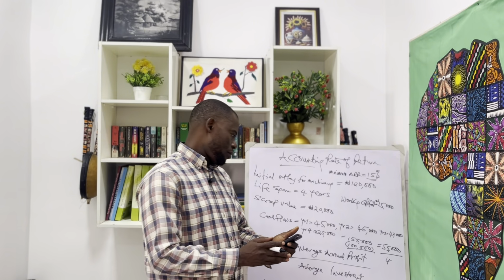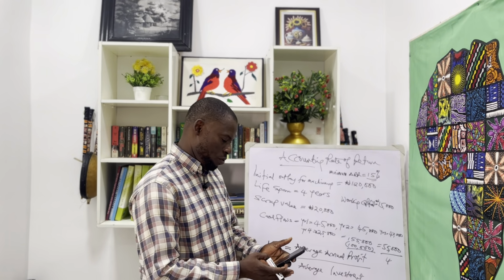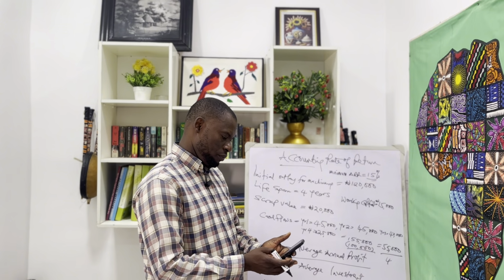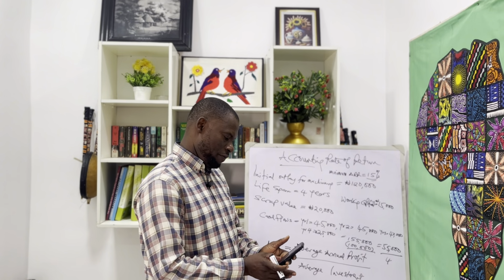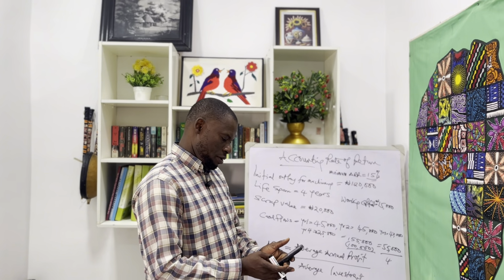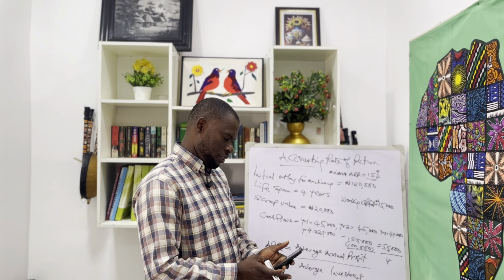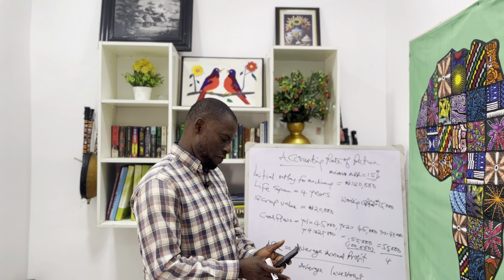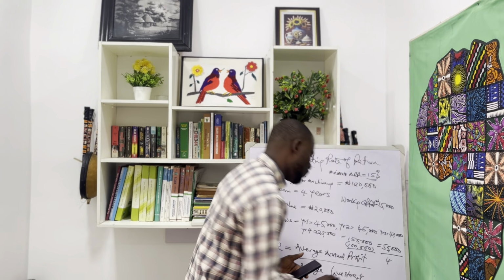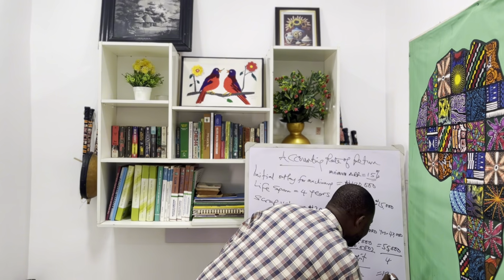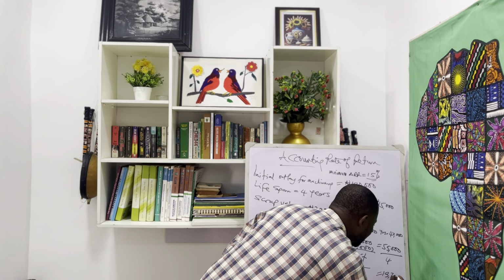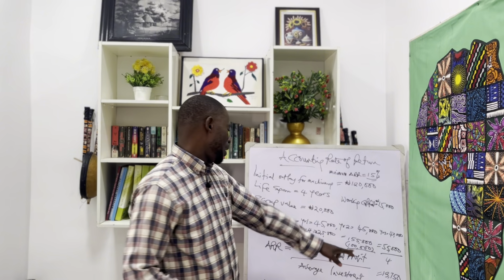Now if you divide 55,000 by 4, we have 13,750. Now this is our average annual profit.